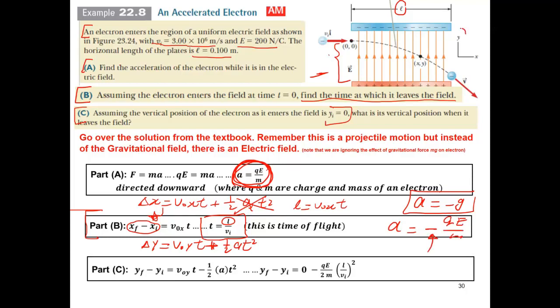Because we assume upward is positive and downward is negative, and because the acceleration is going downward, we put a negative sign for the acceleration. So we're going to have a negative here. Okay, so this is done, but let me explain a few points here.